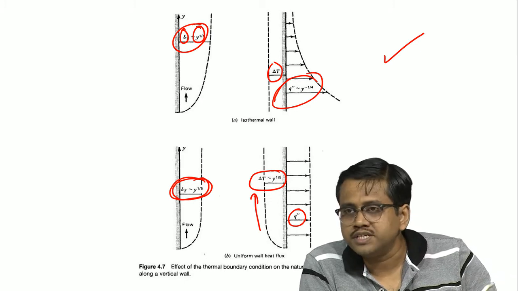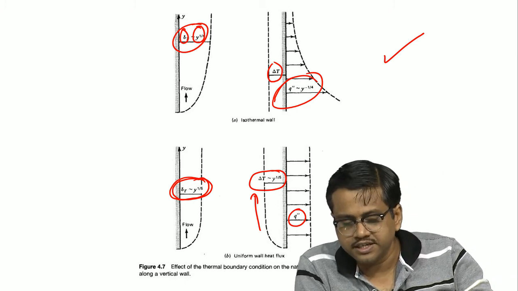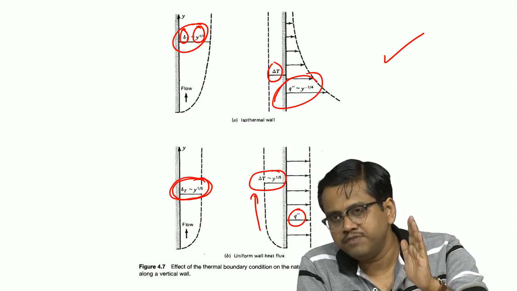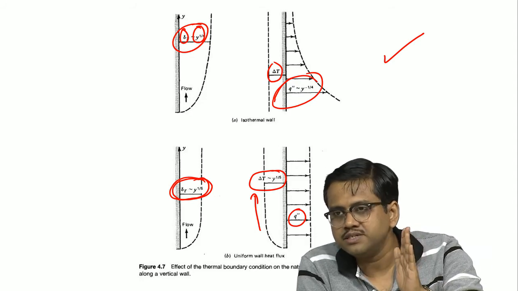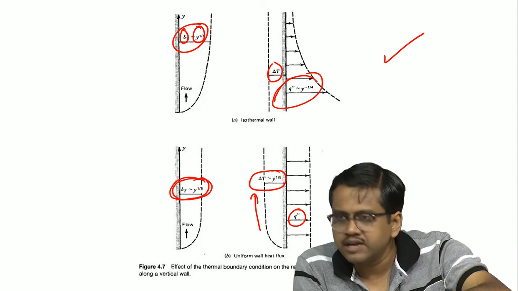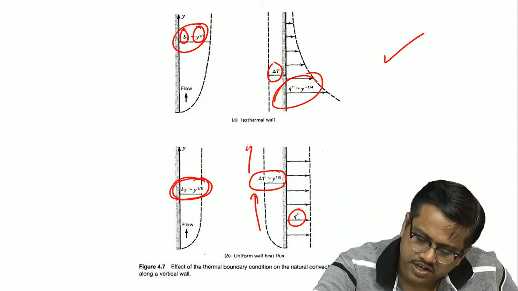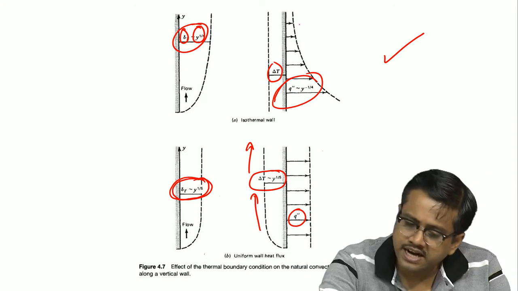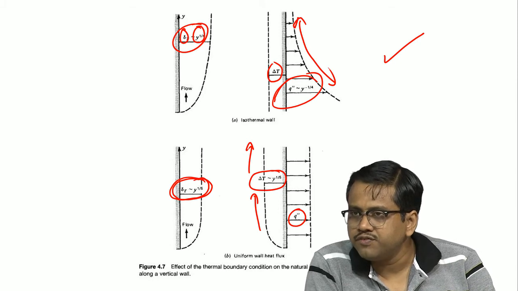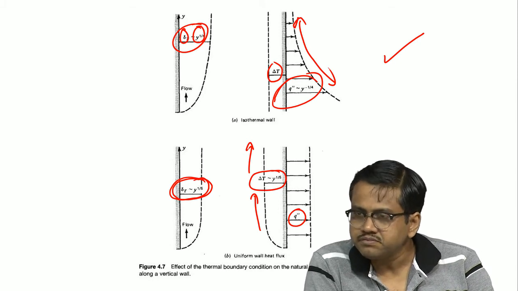That is what we proved just now, that delta T is basically dependent as y to the power of 1/5, so the gradient is very shallow. So, this is exactly how this has been drawn. This gradient is very shallow, whereas this gradient is large, because this is minus 1/4 variance of q double prime. Got it?